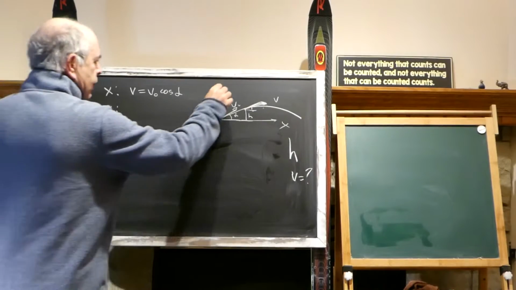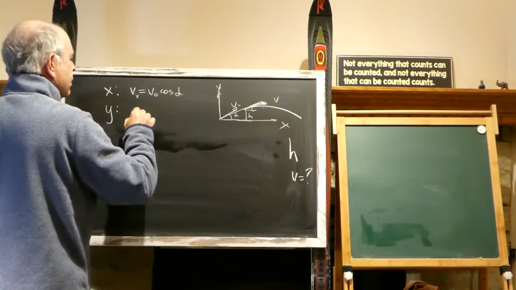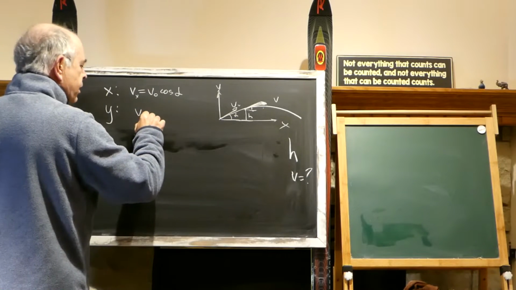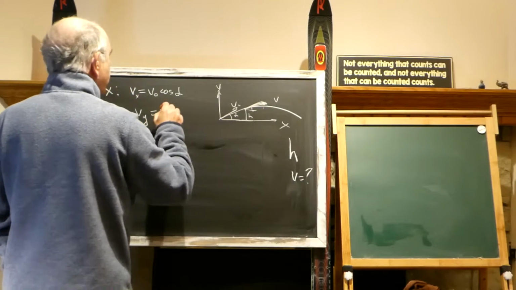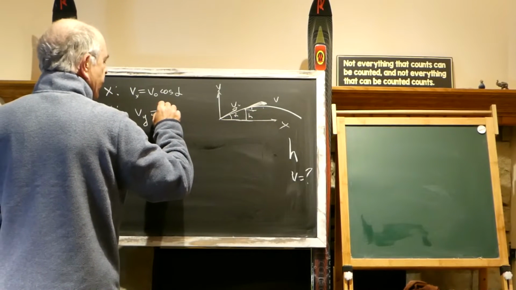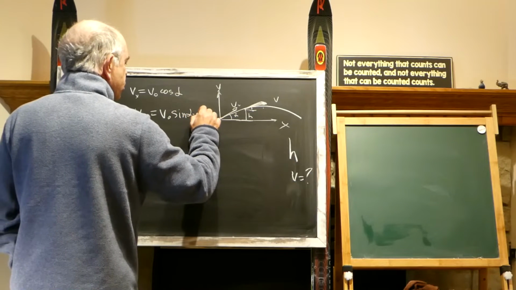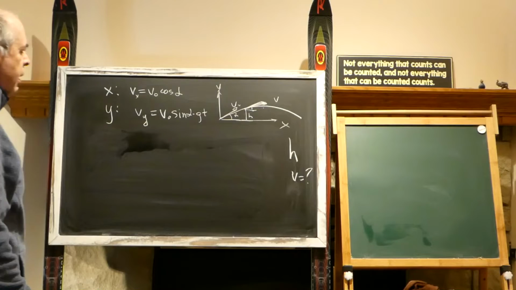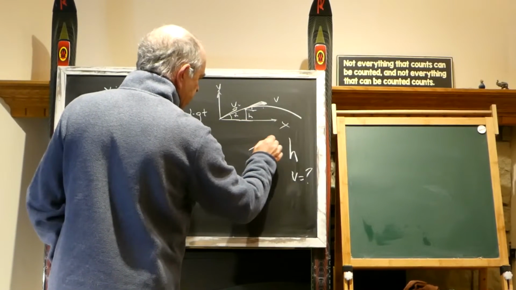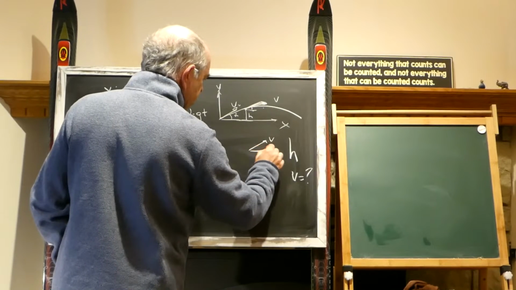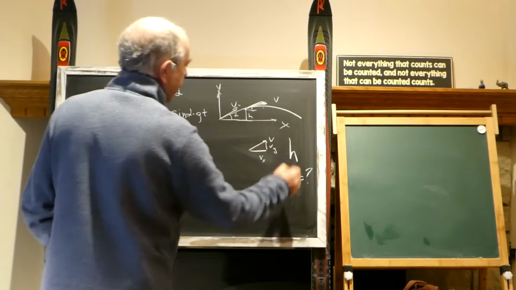But along the y-axis, this is vx, and vy at that point is equal to v0 sine alpha minus gt.